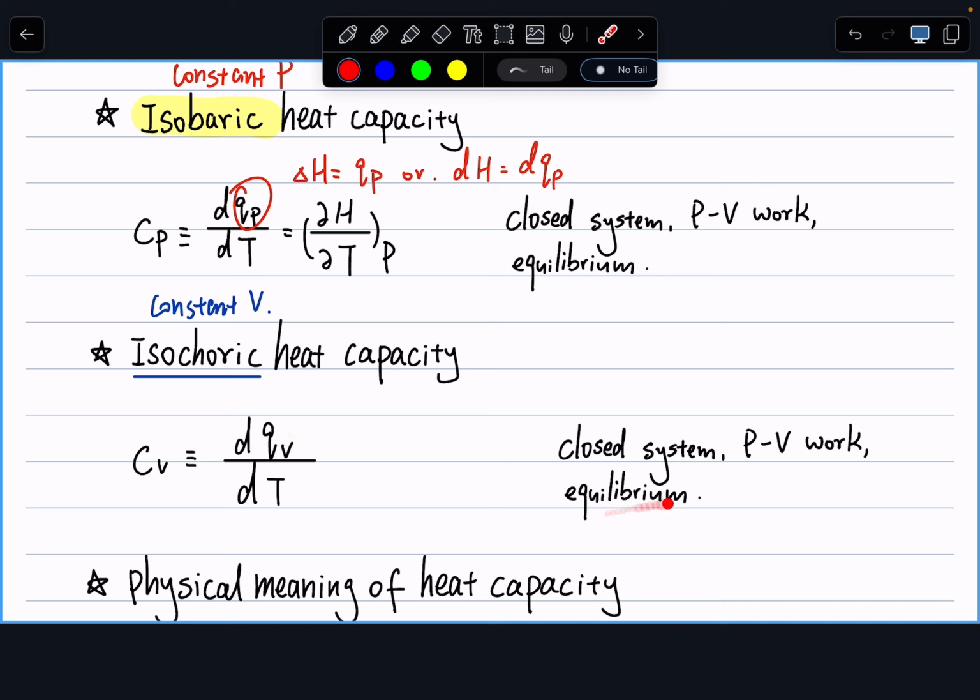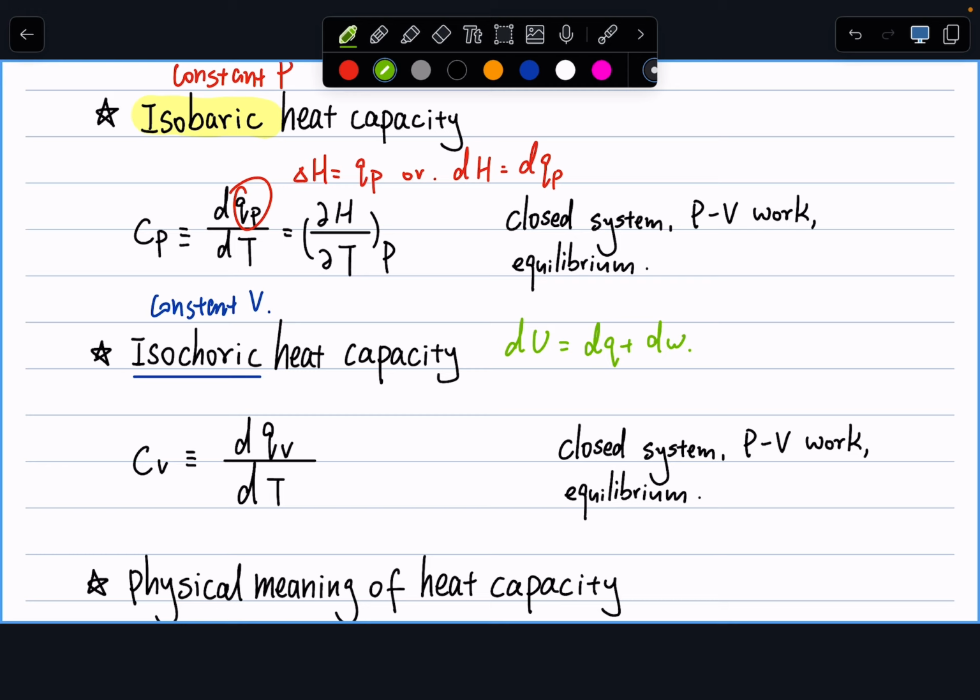Remember, we have a closed system with reversible PV work only, so we can use our first law of thermodynamics, dU equals dq plus dw. And we're going to drop the assumptions of at rest and no external field from now on, because in this class, unless we specify acceleration or an external field, let's just assume for the rest of this class that it's always at rest with no external field.